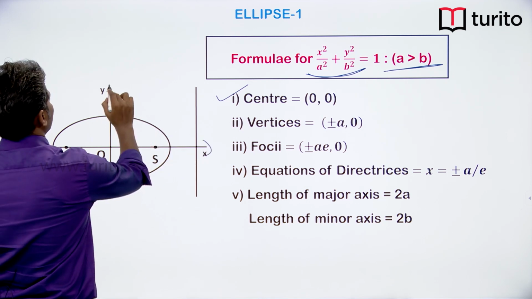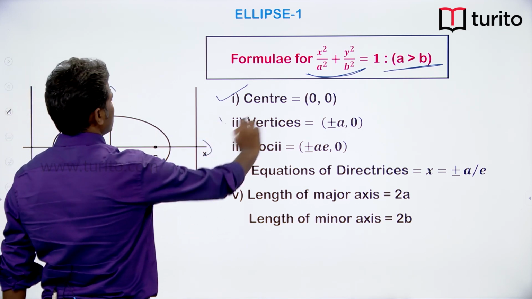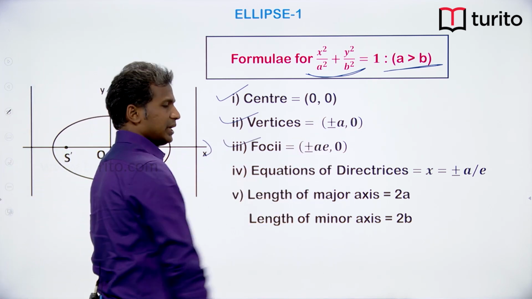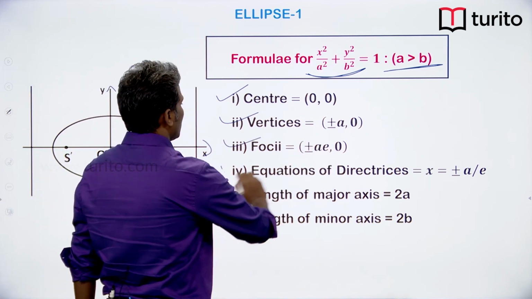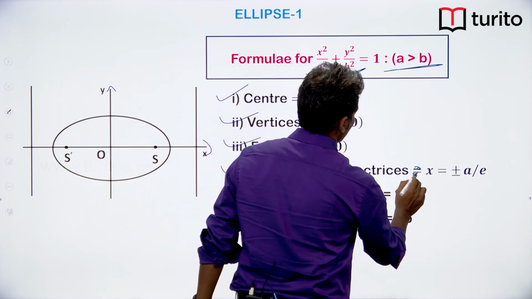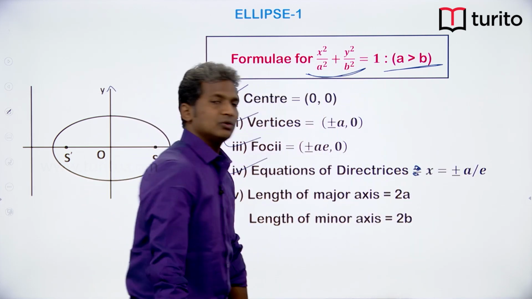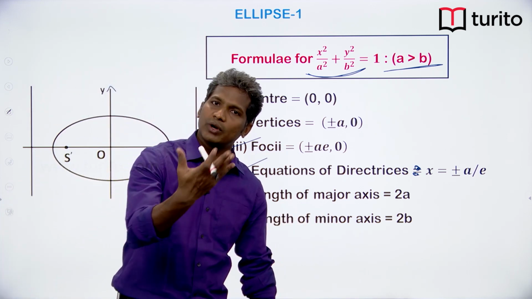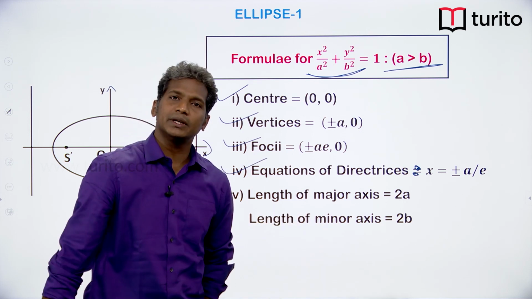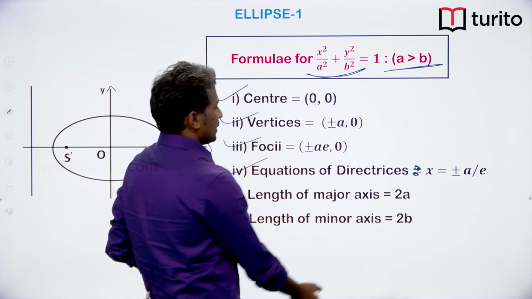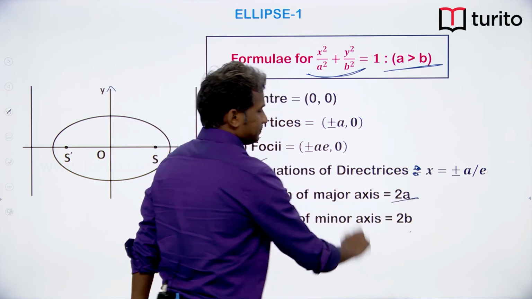This is our x axis, this is our y axis, and vertices are (±a, 0). Foci are (±ae, 0), and equations of directrices: x = ±a/e. The length of major axis must be 2a, length of minor axis must be 2b. We already are aware of this, and a must be greater than b.